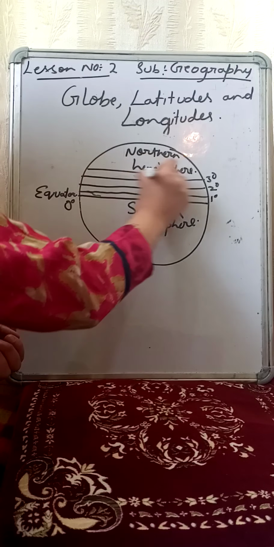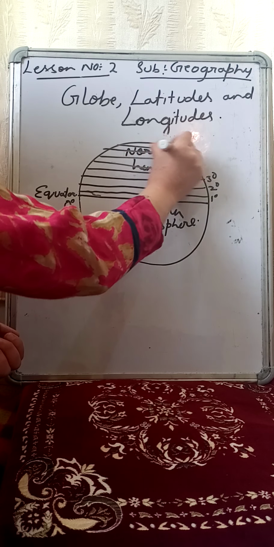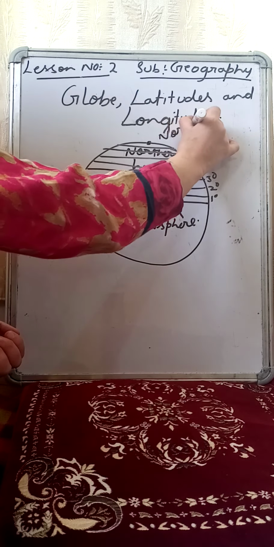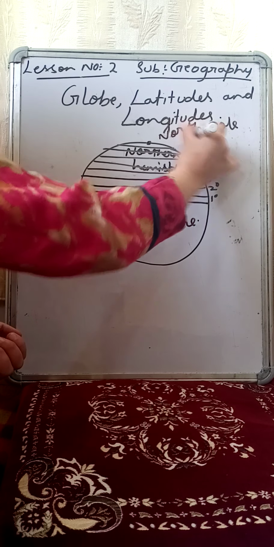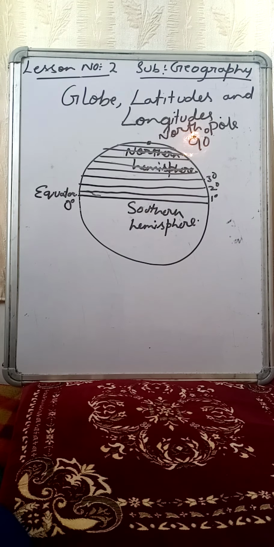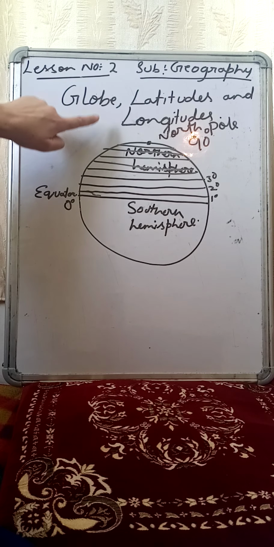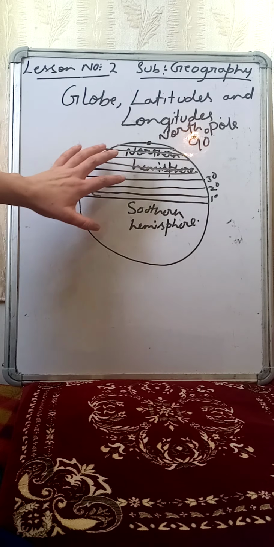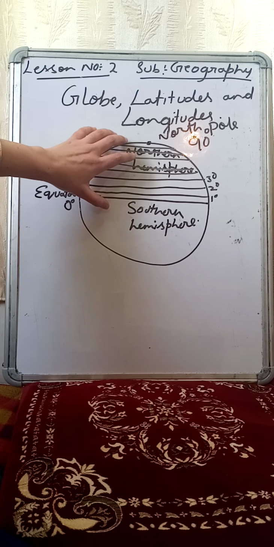In the same way, we have more and more lines drawn in the upper northern hemisphere till it reaches this point. This point is known as the North Pole and it's equal to 90 degrees. So we can say we have 90 lines drawn on the northern hemisphere. I have not drawn all of them because of the shortage of space, but there are 90 lines drawn on the northern hemisphere.